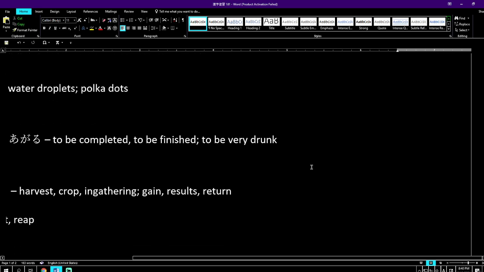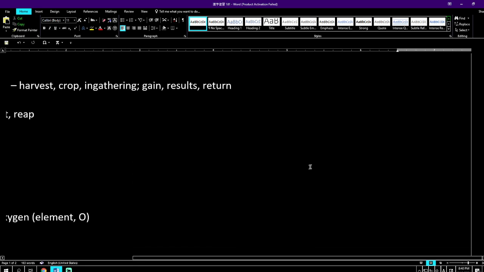Be finished or to be very drunk. Shukaku is a harvest, crop, or gathering, with shu, or gather, on the left, and kaku, or harvest, on the right. Kaku being the two-branched tree with grass and the old bird.